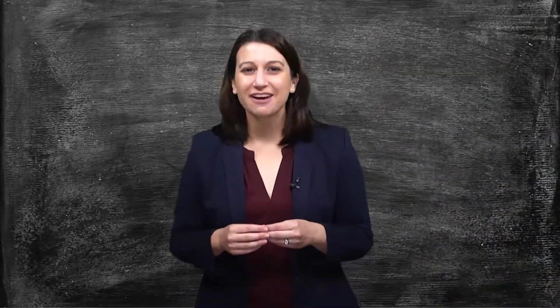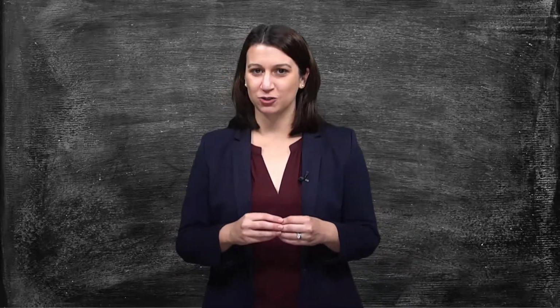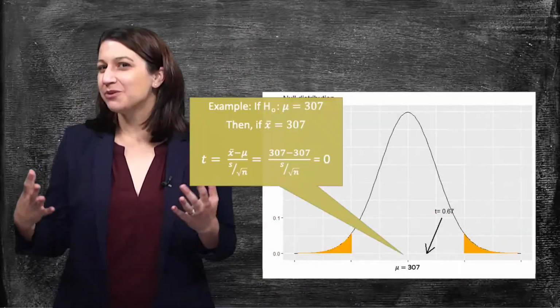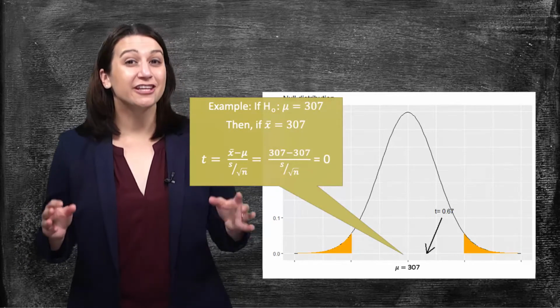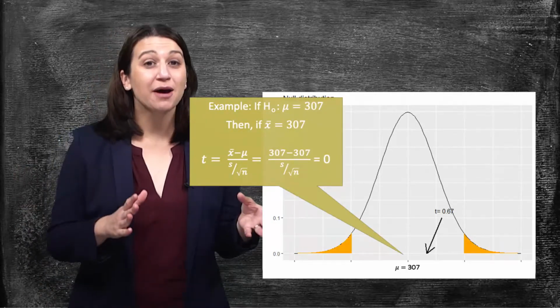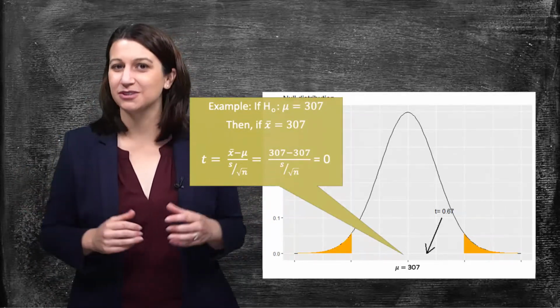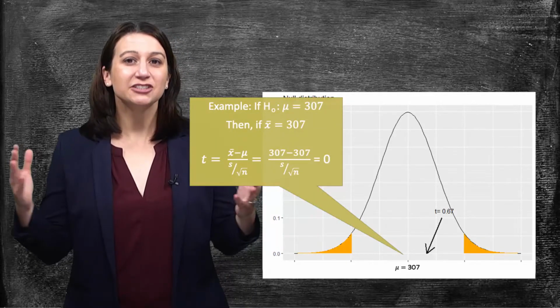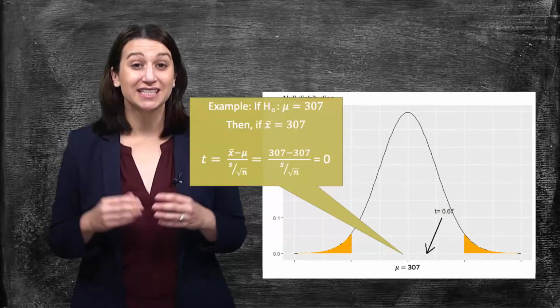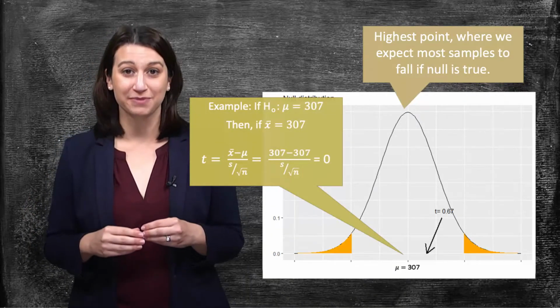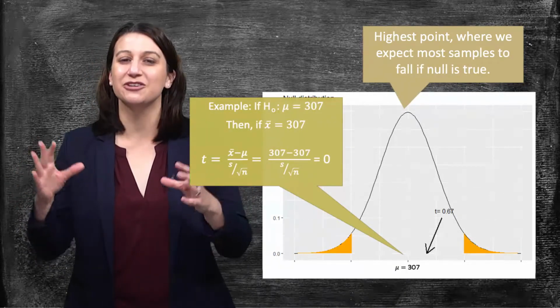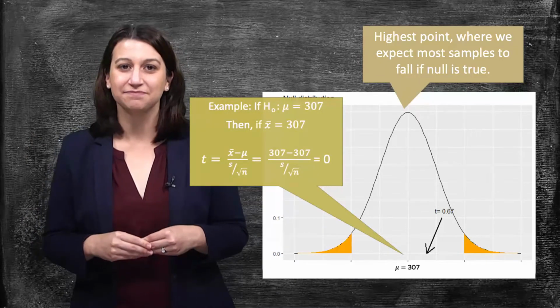Now, why does the definition state that this is the area assuming the null is true? Well, remember, we start with a claim, like mu equals 307 in our tower example. If the null is true and the population mean really equals 307, then just as we learned with sampling distributions, I would expect that most of the samples I could collect from the population would have means centered around 307.